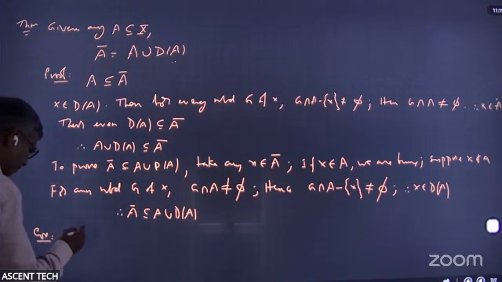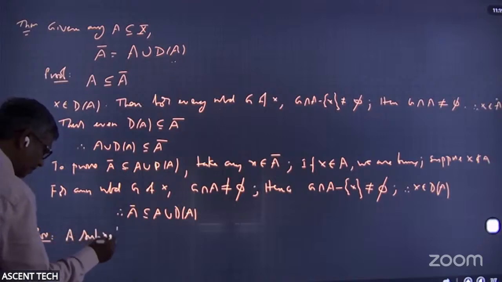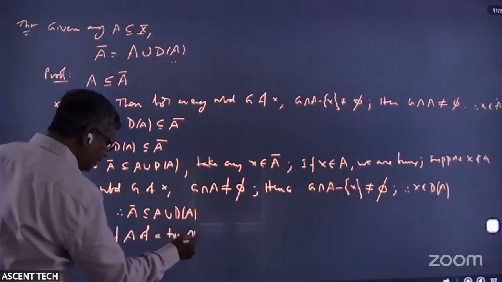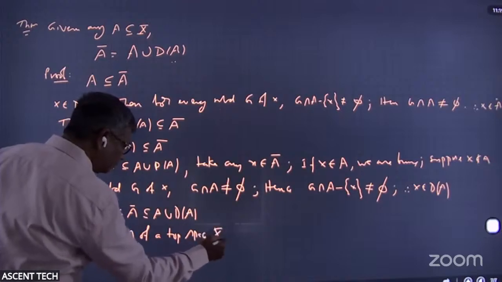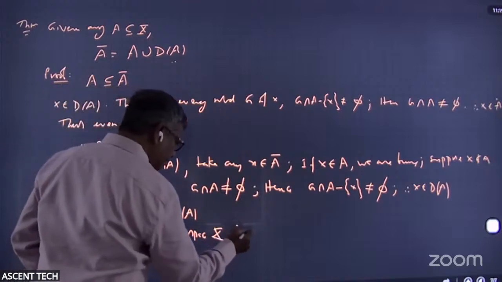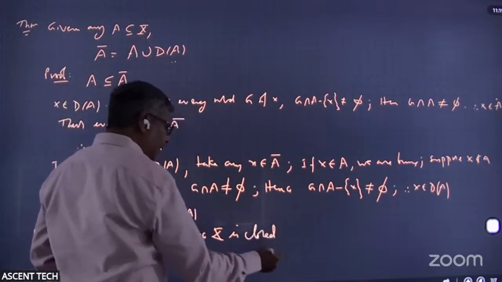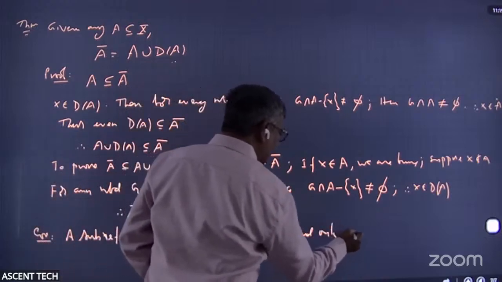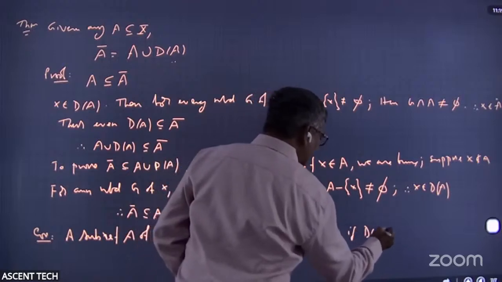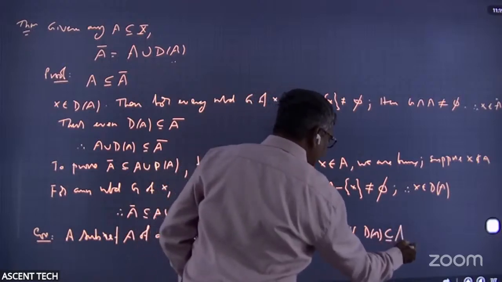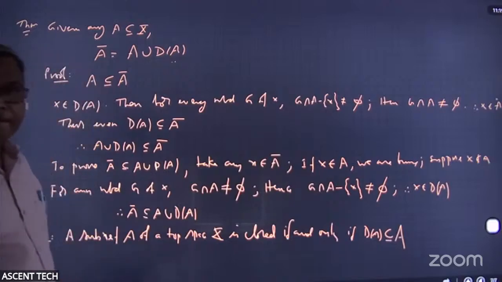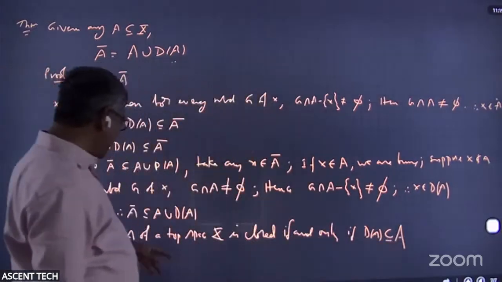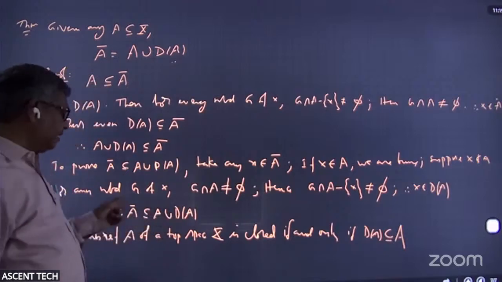A subset A of a topological space X is closed if and only if dA is contained in A. If dA is contained in A, then A union dA is A only, and that is A bar.